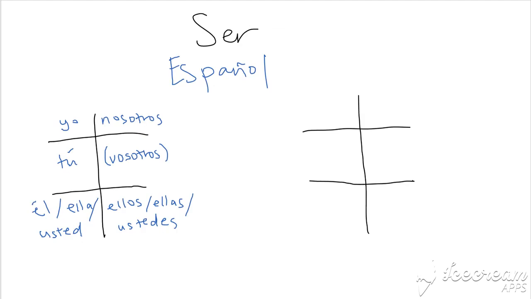So in Spanish, ser, to be, yo soy, tú eres, él, ella, usted es, nosotros somos, vosotros sois, but we're never really going to use vosotros, and then ellos, ellas, ustedes son.